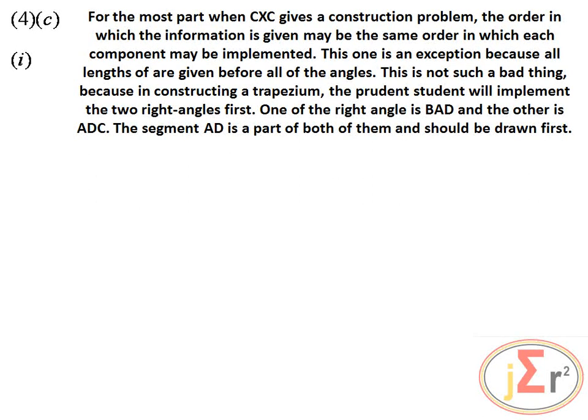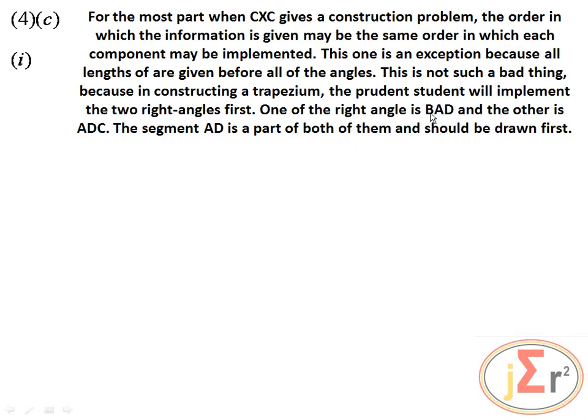This one is an exception because all lengths are given before all of the angles. This is not such a bad thing, because in constructing a trapezium, the prudent student will implement the 2 right angles first. One of the right angles is BAD, and the other is ADC.